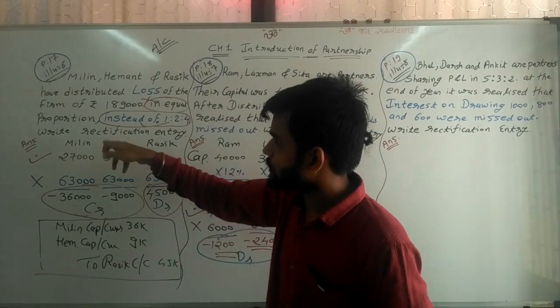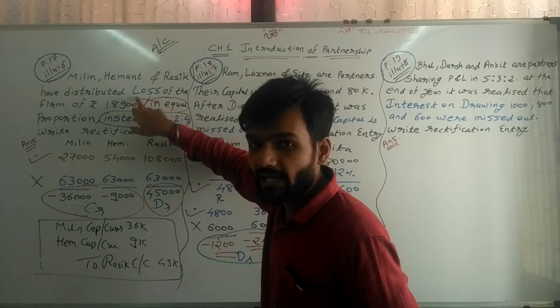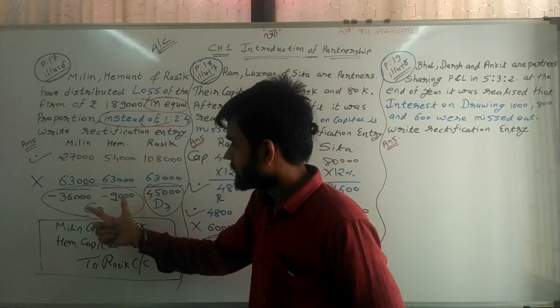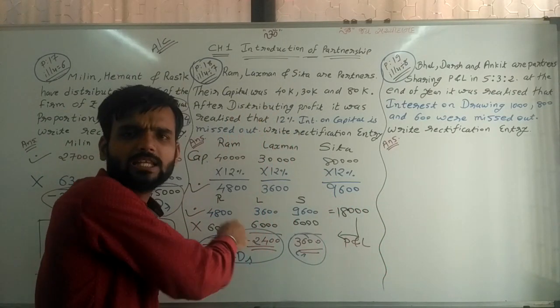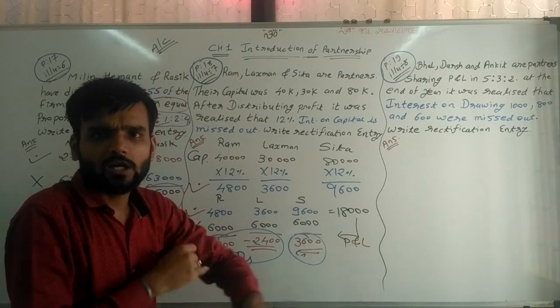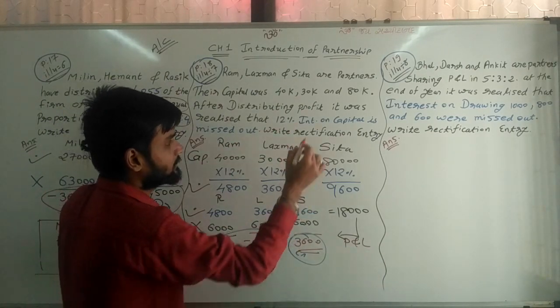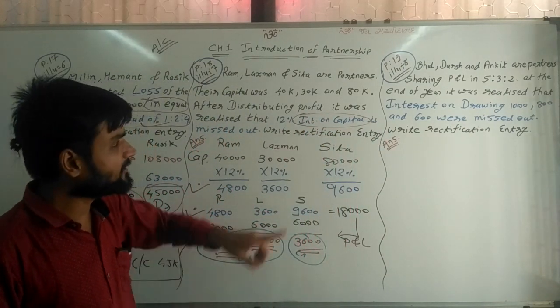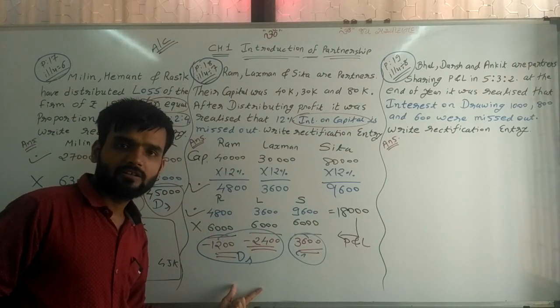As per the first question, I told you one thing. If profit is there, then minus is debited. And if loss is there, minus is credited. Same situation, the same rule is applicable here also. Now sir, what is the same rule? If interest on capital is given, then minus is debited.